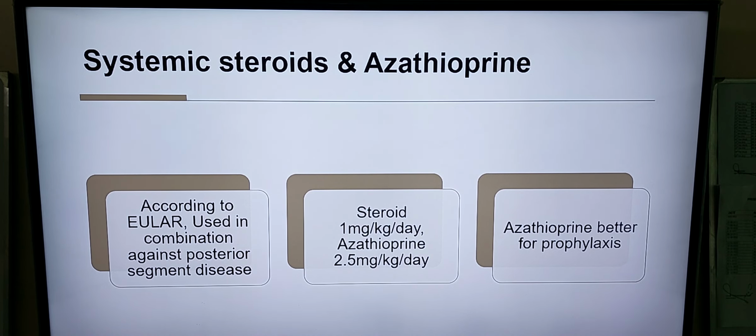So steroids, as we know, are used at 1 milligram per kg per day, along with azathioprine 2.5 milligram per kg per day in combination. And if both of these had to be used for a prolonged period, azathioprine was decided to be a better drug for prophylaxis because of severe side effects of systemic steroids.